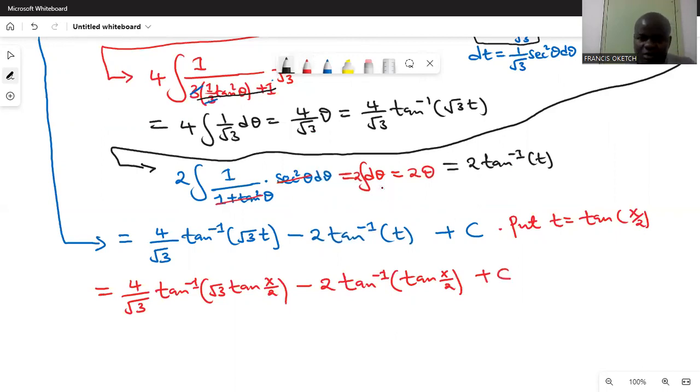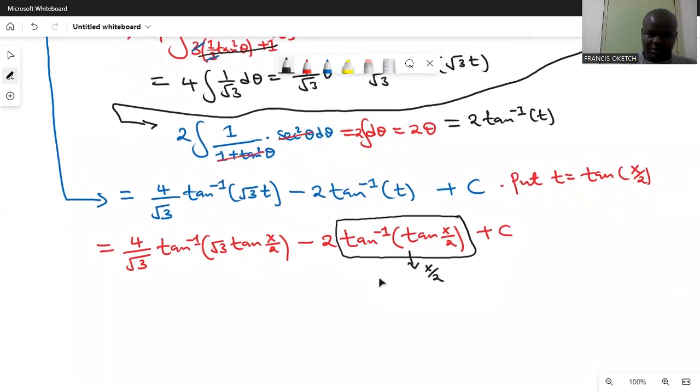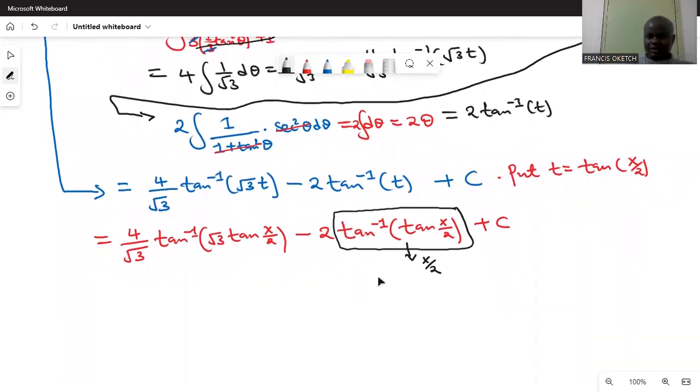But take note, tan inverse of tan x over 2 is the same as x over 2. So it's like we have 2 times x over 2, which is simply x. Remember, tan inverse of tan theta is the same as theta. Sine inverse of sine theta is the same as theta, etc.